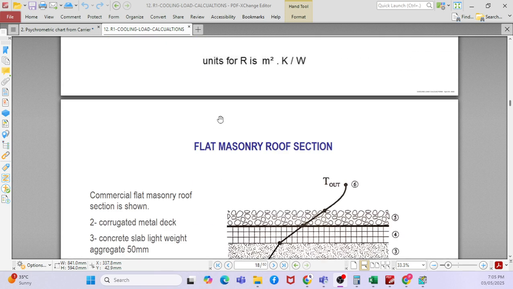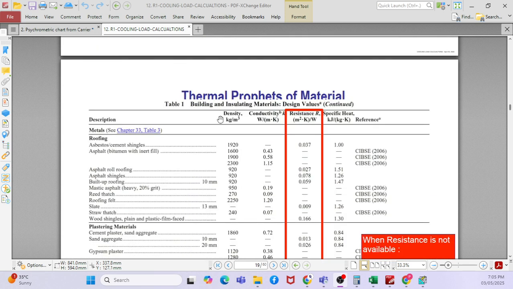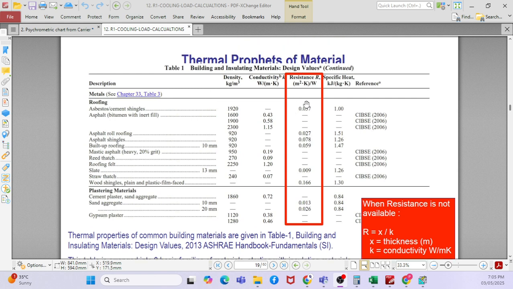When you go further down, you have the thermal properties of each material. Can you see the resistance? 0.037 meter square Kelvin per watt. These resistance values are given by the architect, because the architect is designing the material.